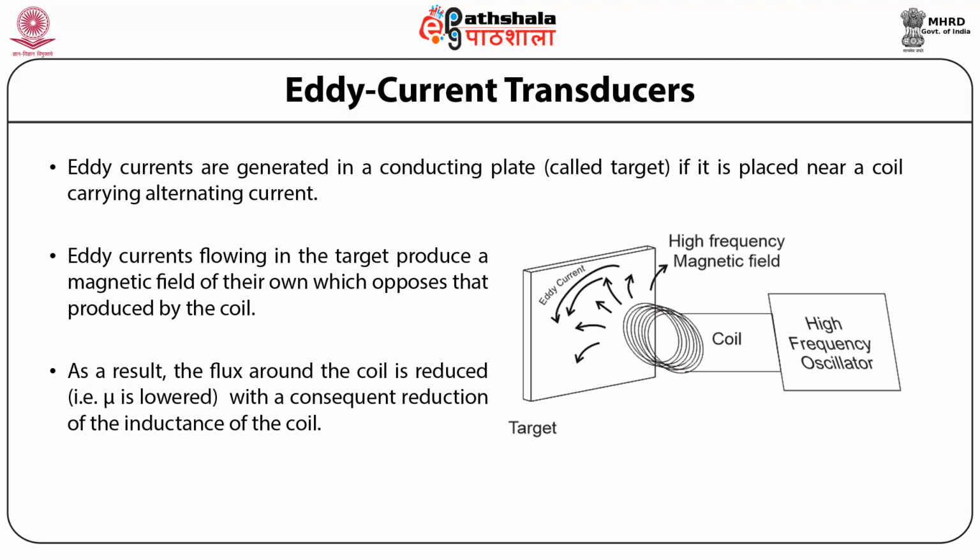As a result, the flux around the coil is reduced, that is mu is lowered, with a consequent reduction of the inductance of the coil. This effect depends upon the distance between the target and the coil, because the nearer the target is to the coil, the higher the eddy current and the lower the inductance, and vice versa.